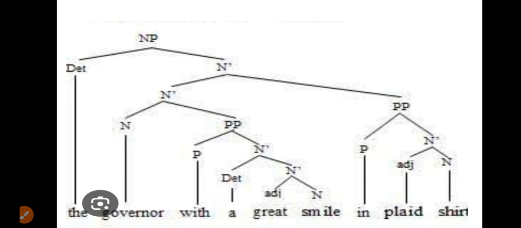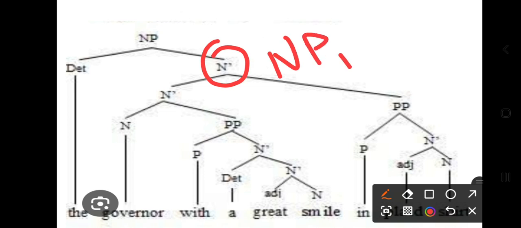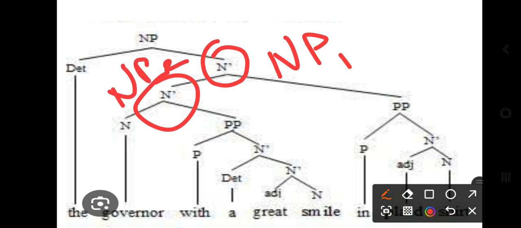Then separately, in plain shirt, a prepositional phrase: preposition, and then plain shirt, adjective and noun, right? Instead of dash dash dash, that's a different kind of noun actually. So you can write noun phrase 1. Here I am telling you, this will be noun phrase 1 and 1, this way, and that's noun phrase 2, right?